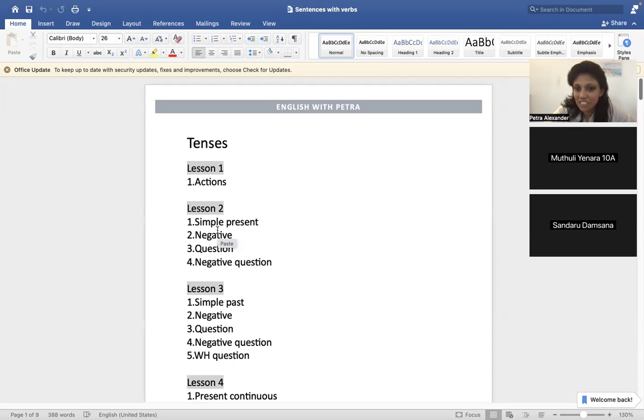She is not fish, if you say that, it means she is not a fish. ඇය මාළු කන්නේ නැහැ. She doesn't eat fish. Question, does she eat fish? Negative question, doesn't she eat fish?